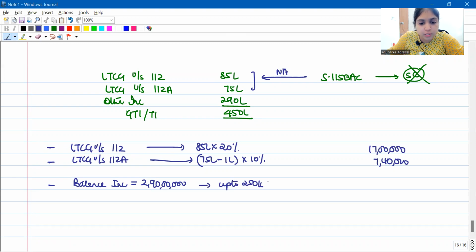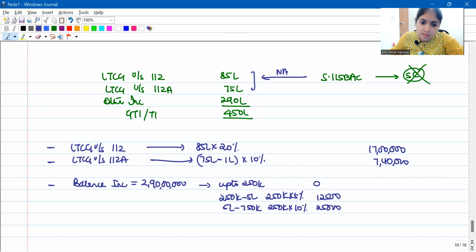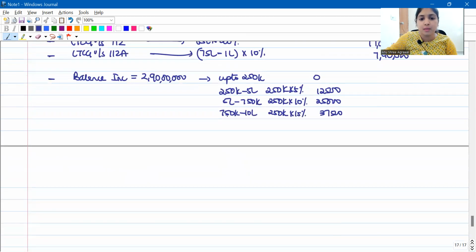Up to 2,50,000, nil. 2,50,000 to 5 lakhs, on this 2,50,000 at 5%, 12,500. 5 lakh to 7,50,000, on this 2,50,000 at 10%, 25,000. 7,50,000 to 10 lakh, at 15%, that's 37,500. 10 lakh to 12,50,000, at 20%, 50,000.